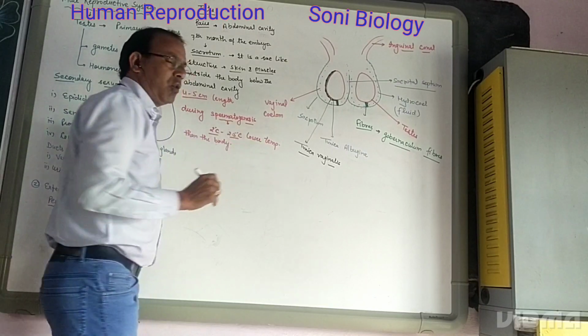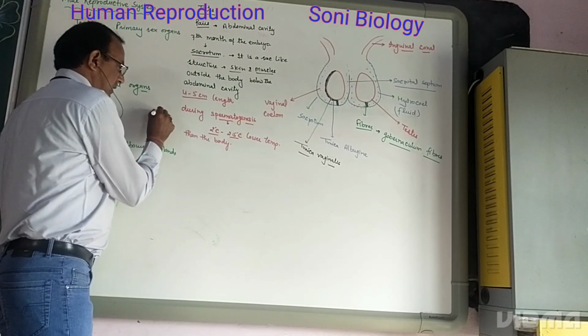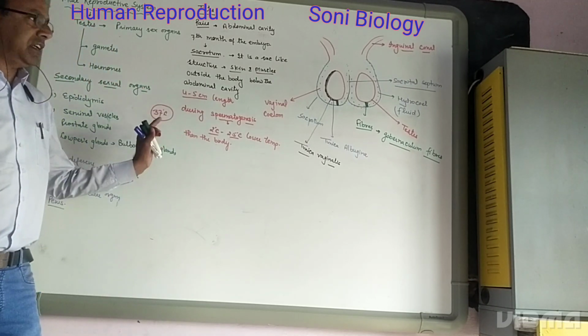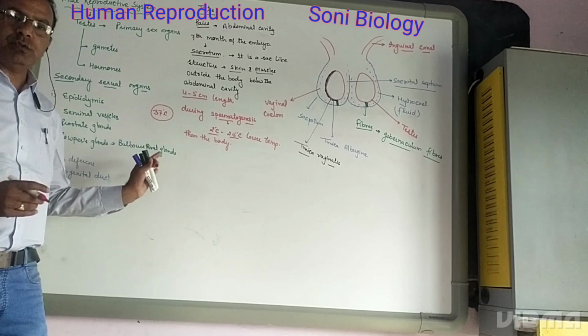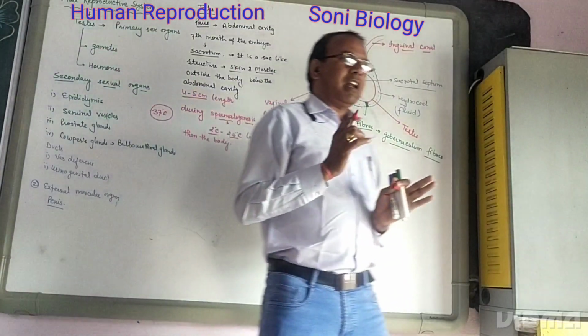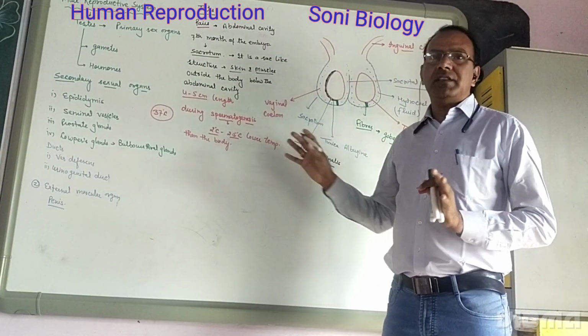We know that the normal human body temperature is 37 degrees Celsius, but at this temperature, testes are not able to produce sperm. So, to produce sperm, testes require a temperature 2 to 2.5 degrees Celsius lower than the body.